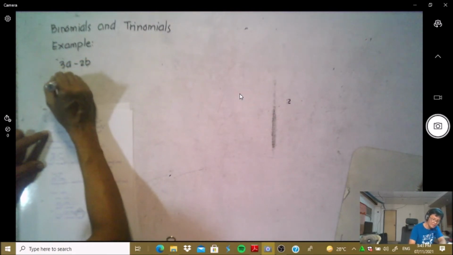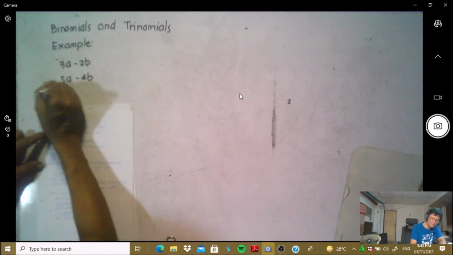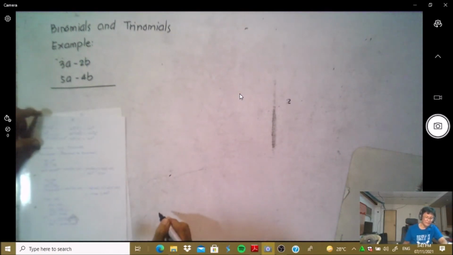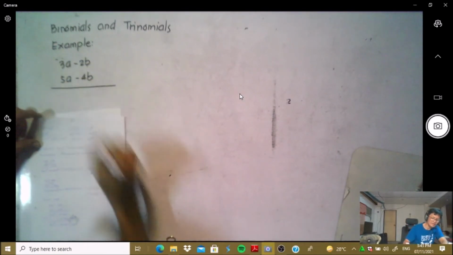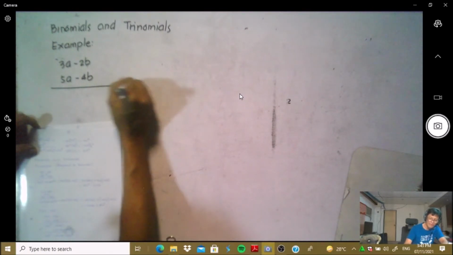Then we have 5a minus 4b. Okay, so our solution here will be a two-method solution. So we have to multiply first 3a minus 2b with 5a, then expand.